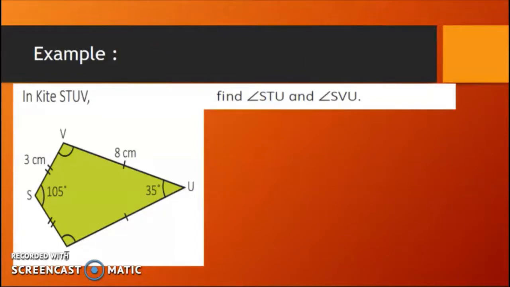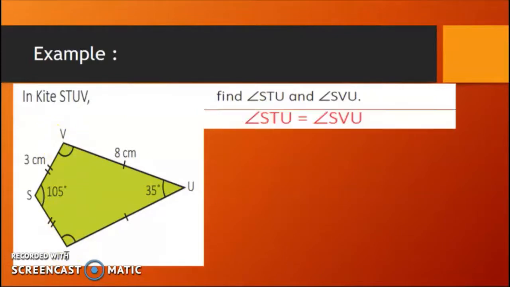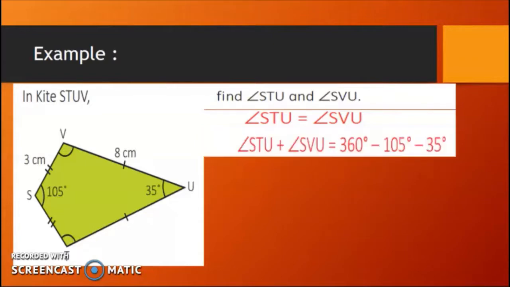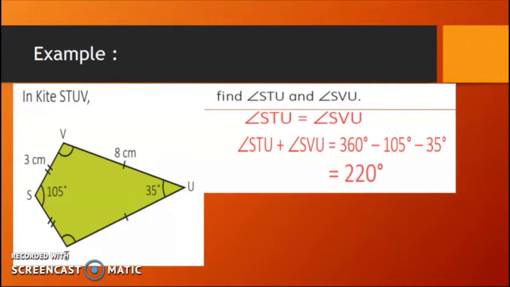So we're going to find angle STU and angle SVU in the kite STUV. As you can see, these angles are the same, so angle STU is equal to angle SVU. And in a quadrilateral, the sum of the angles is equal to 360 degrees. So the sum of STU and SVU is equal to 360 minus 105 minus 35, which is 220 degrees.